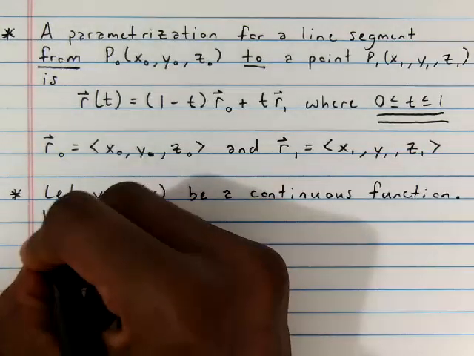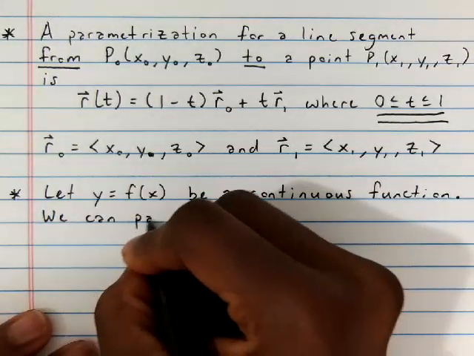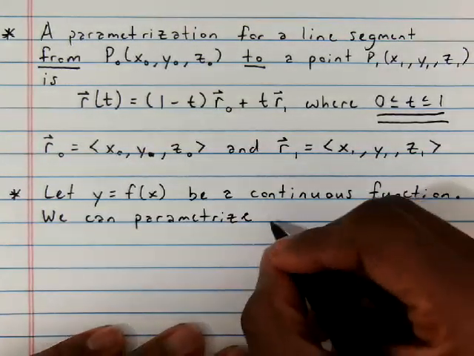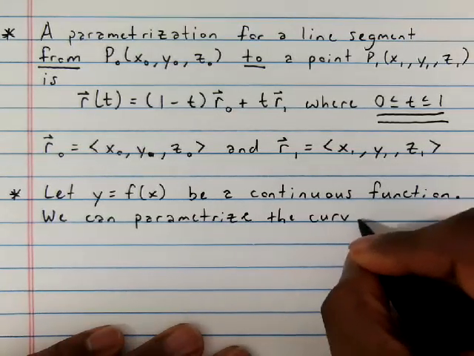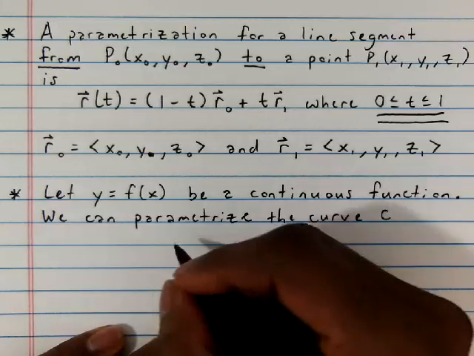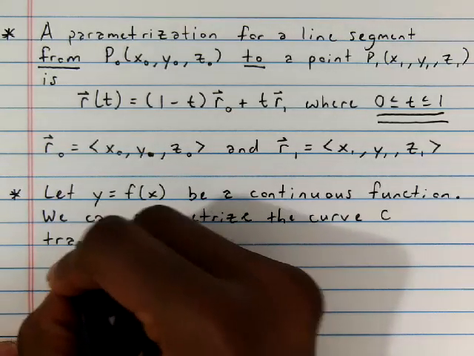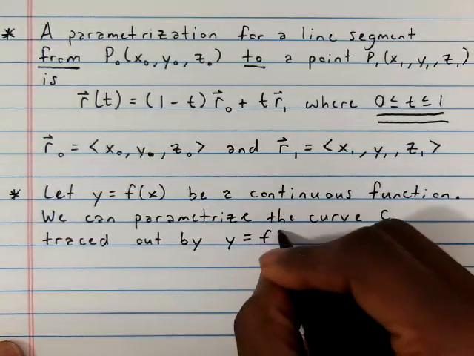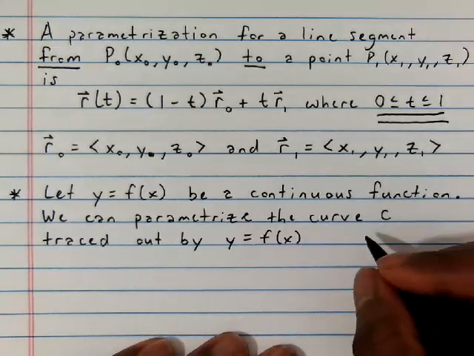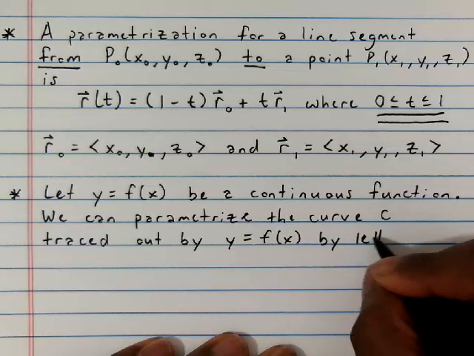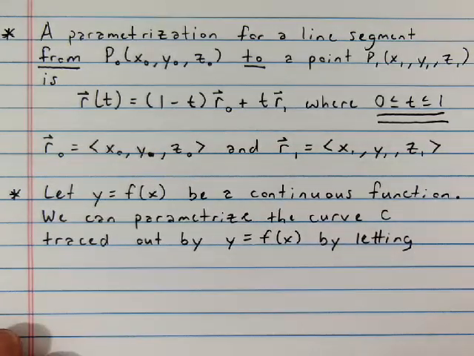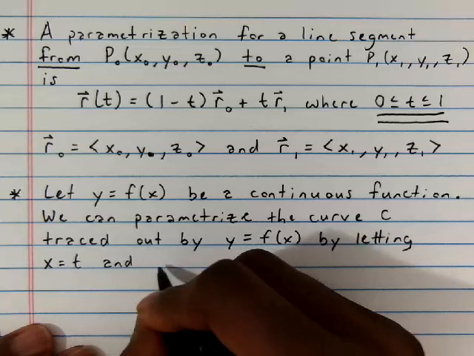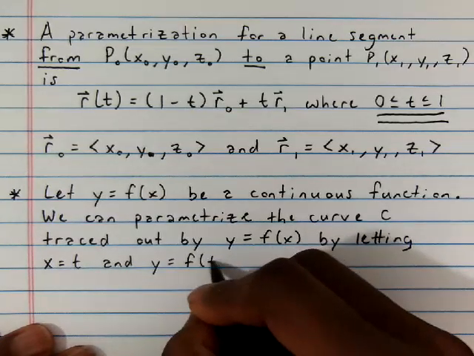We can parameterize the curve C, traced out by y equals f of x, by letting x equal t and y equal f of t.